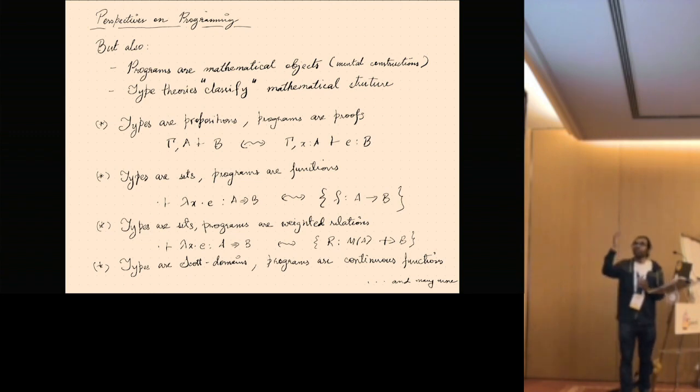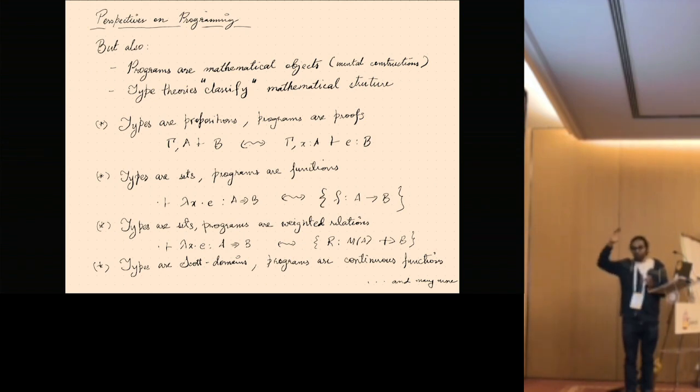So if I write a lambda term of type A to B, the meaning of this type A to B is exactly the set of functions from the meaning of A to the meaning of B. And so sets and functions are in some way the most primitive objects in functional programming, and it's not just one model. There are many models of the lambda calculus, and there are recipes to generate these models, which is what this talk is about.